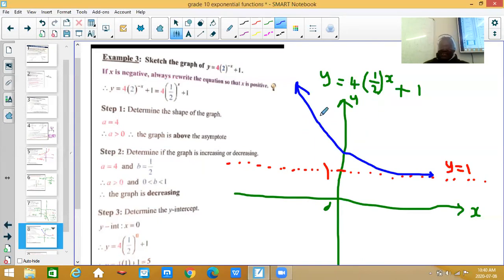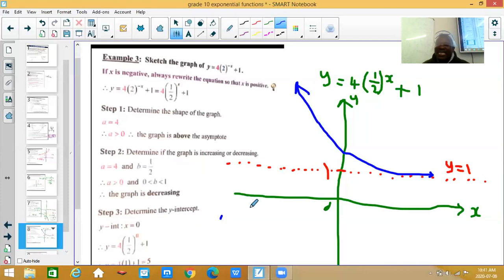Now, let us find the y-axis intercept. What is the y-axis intercept? If you want to find the y-axis intercept, what is the value of x? Now, if you plug in 0 here, 1 over 2 to the power 0, what does that give us? 1 times 4, 4 plus 1, 5.